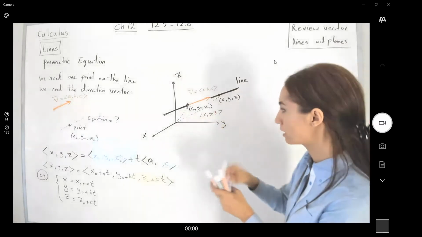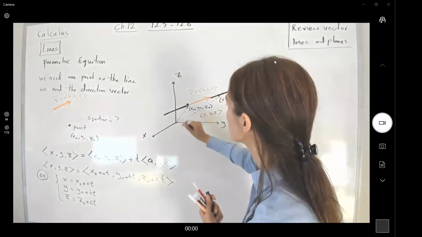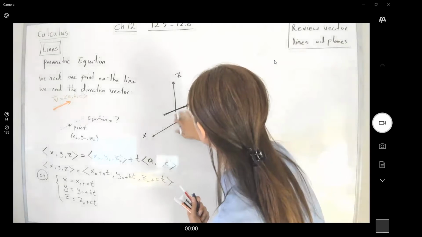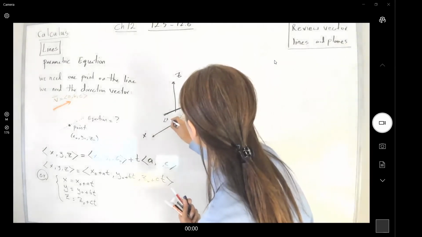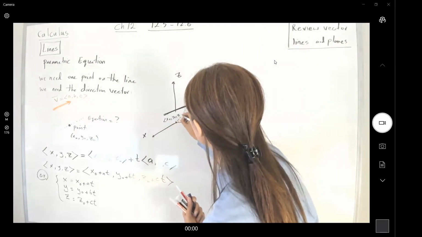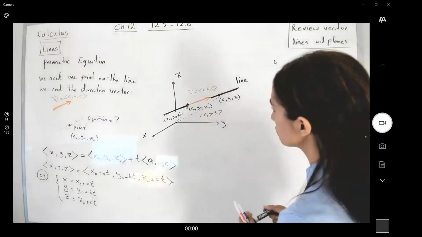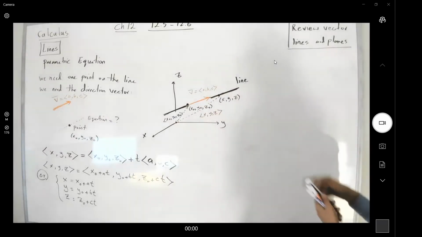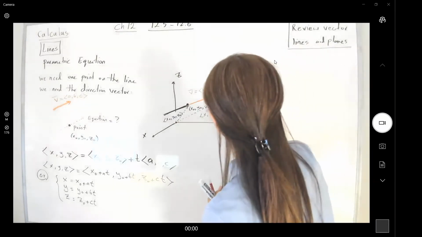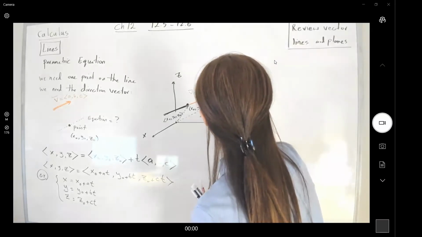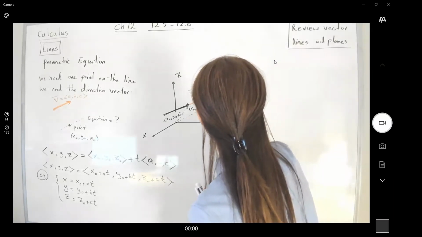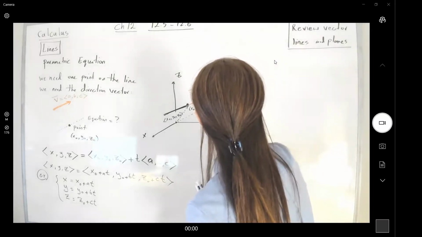I have this vector, which is x sub 0, y sub 0, z sub 0 here. Just continue this here. So you know that we are going toward this direction for our line.